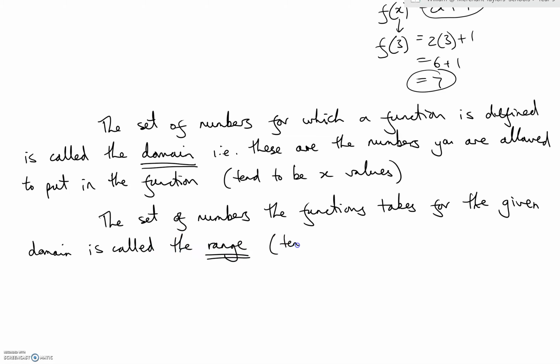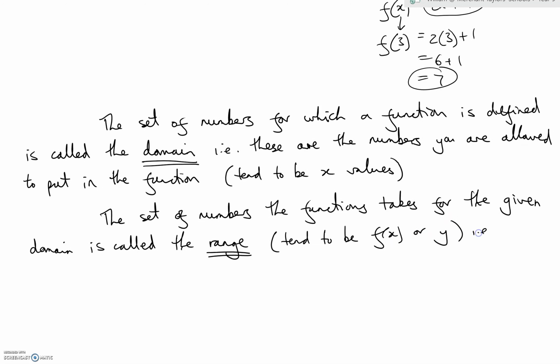Okay, and these tend to be the f(x) values, or maybe the y values we talk about sometimes. Okay, and these are basically the numbers you get out of the function.